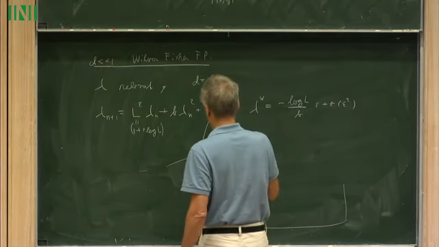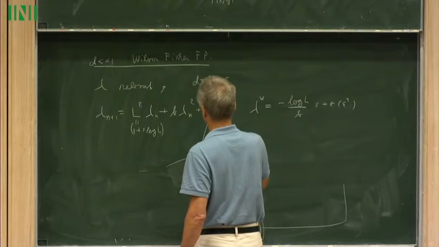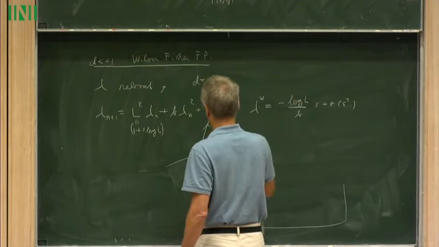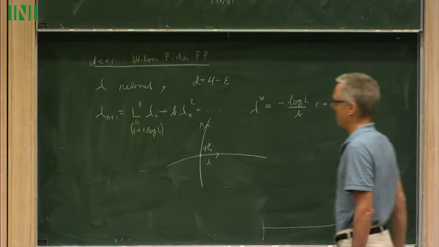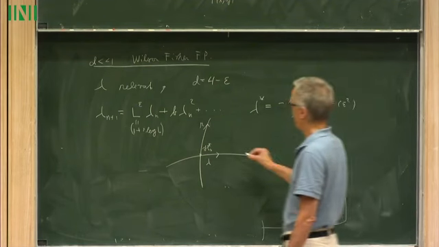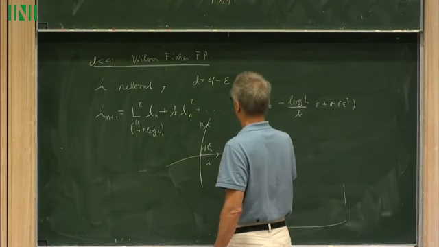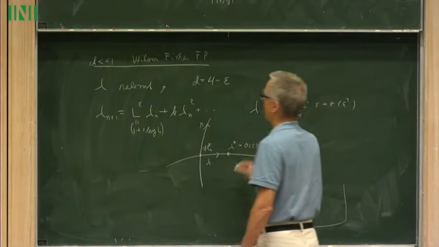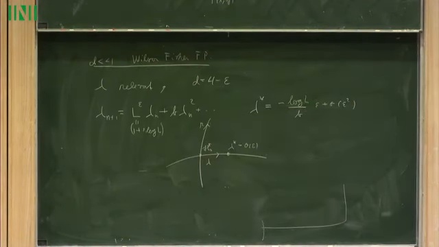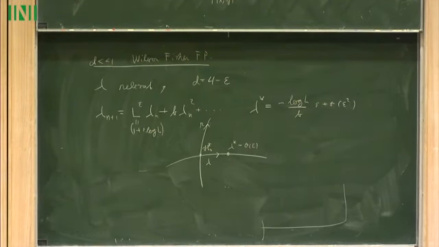Here's the Gaussian fixed point. It has unstable manifold, two-dimensional. There's an r and lambda direction, and then there is a non-trivial fixed point here at lambda star, which in this simple case is of the order of epsilon. So it's perturbative because I'm taking d close to 4.